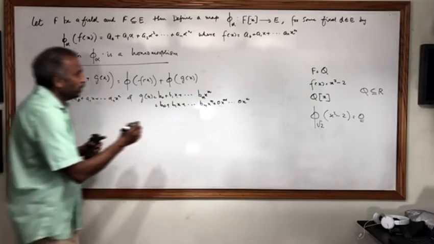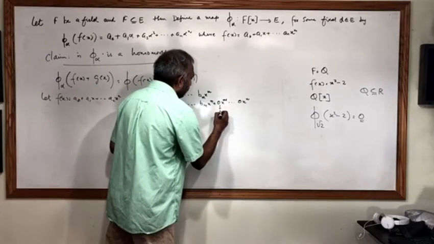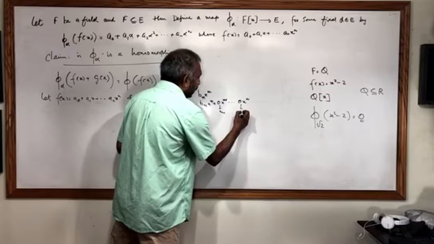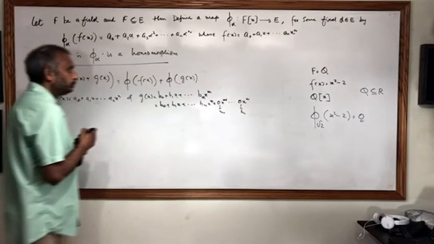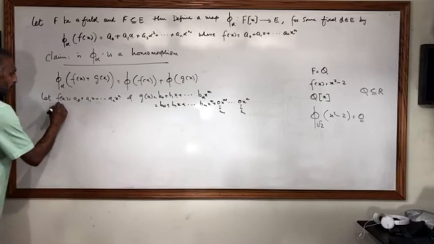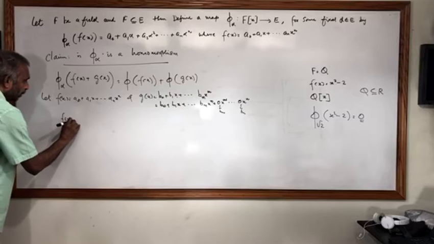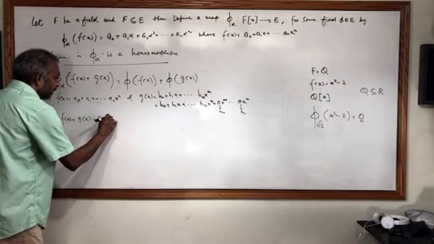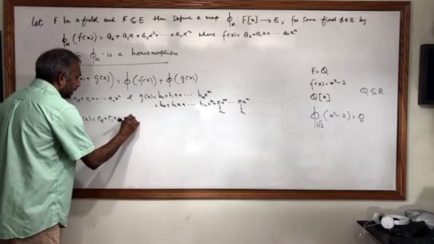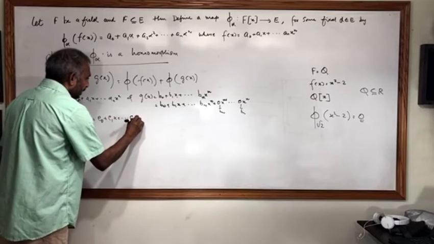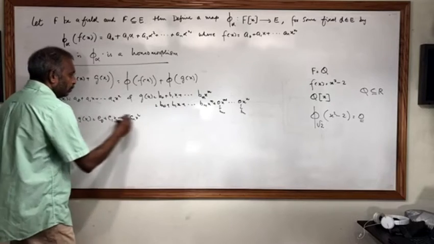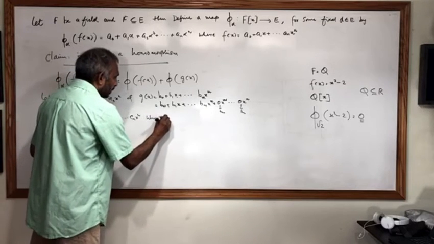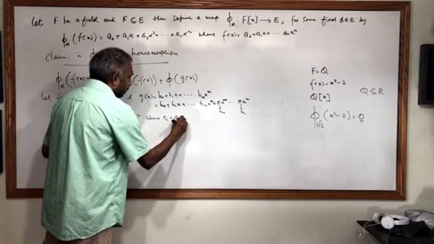So this is going to be our b_{m+1} through b_n. So how do you add this? f(x) + g(x) is equal to c0 + c1 x + ... + cn x^n, where ci is equal to ai + bi.